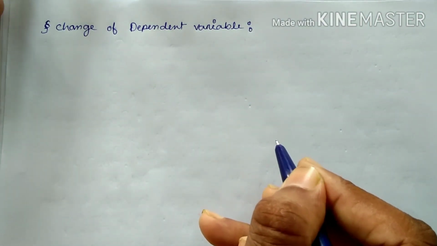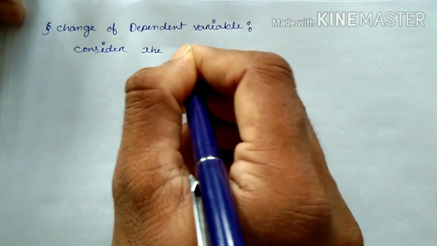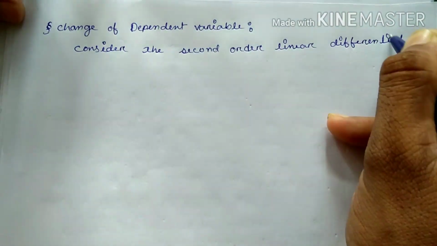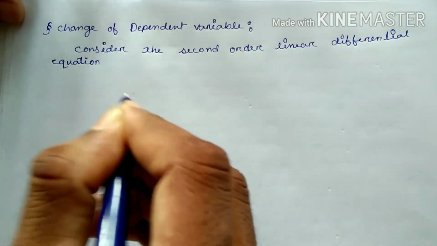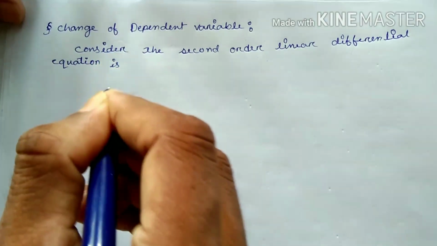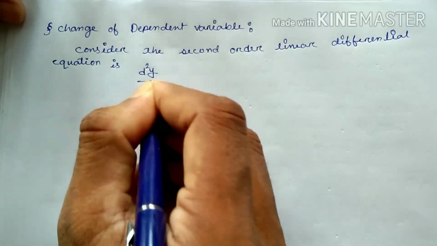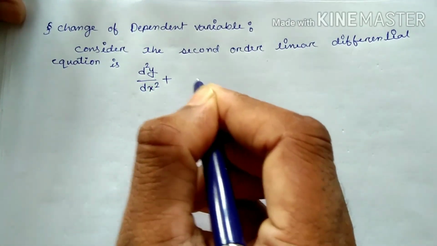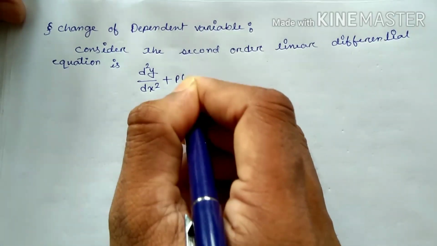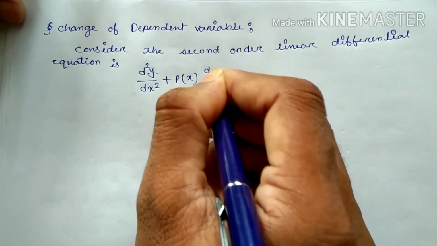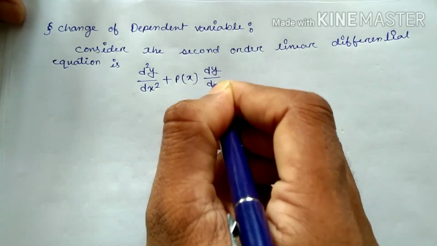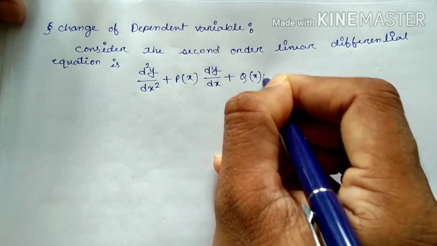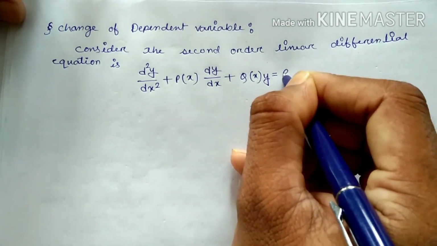Change of dependent variable. Consider the second order linear differential equation d2y upon dx square plus p of x dy upon dx plus q of x y is equal to r.